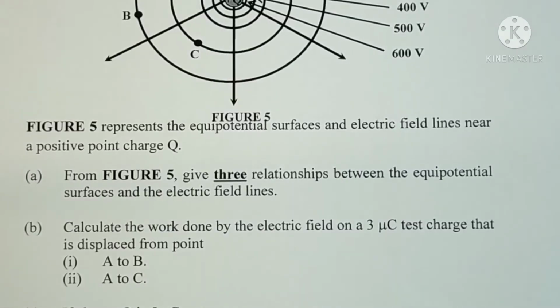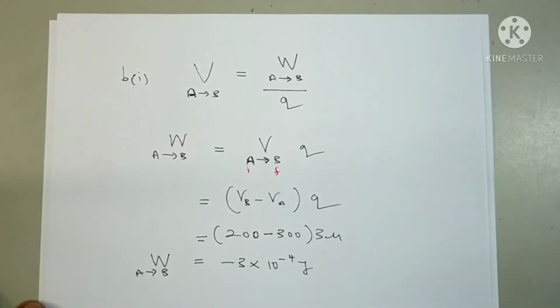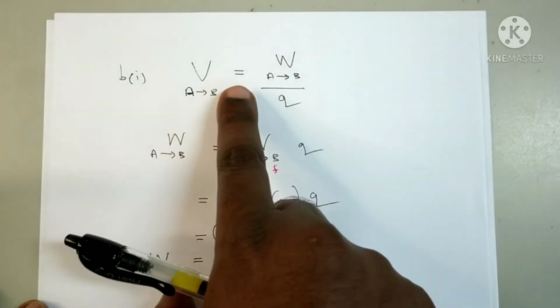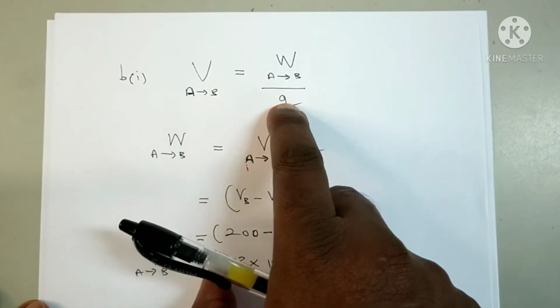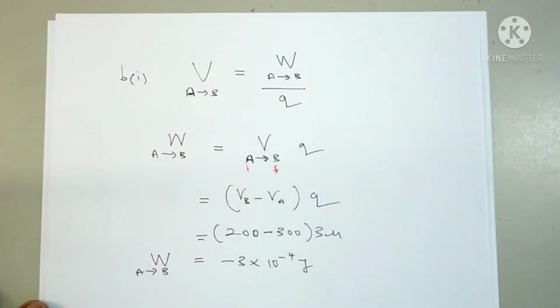For section B, calculate the work done by the electric field on a 3 microcoulomb test charge that is displaced from point A to B for Roman 1 and A to C for Roman 2. For B Roman 1, the electric potential difference between A and B equals work done A to B over the positive test charge, which is 3 microcoulomb.